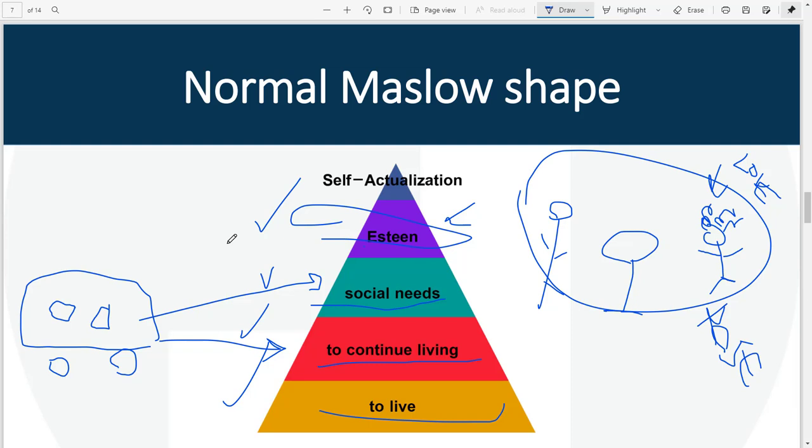This stage is what we are going to focus on. You as a marketer, me as a marketer, we are going to think about these stages. We have a restaurant and we are the marketer of the restaurant. We should think about what stage of need we are going to answer.